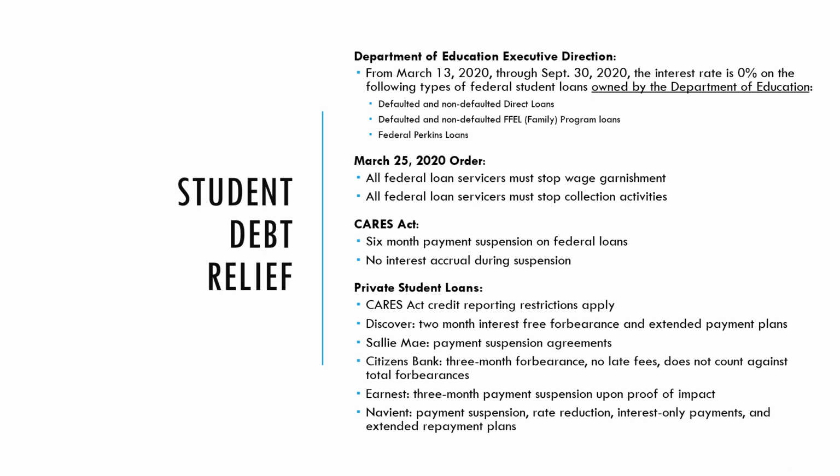CARES Act put in place some additional protections for borrowers of federal student loans with a 6-month payment suspension as well as no interest accrual. None of this applies to private student loans. And the only issue so far that we've seen come up is the CARES Act credit reporting restrictions do apply to private student lenders. But we've given you a little sampling of what's available out there.